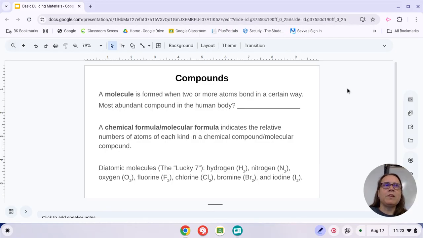We talked about the most abundant element in the human body was oxygen. What do you think the most abundant compound in the human body is?